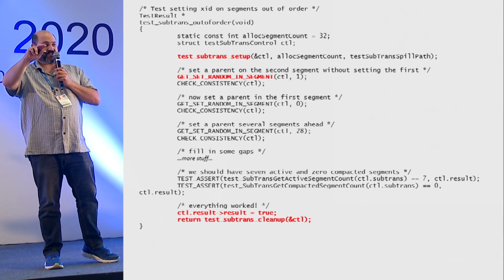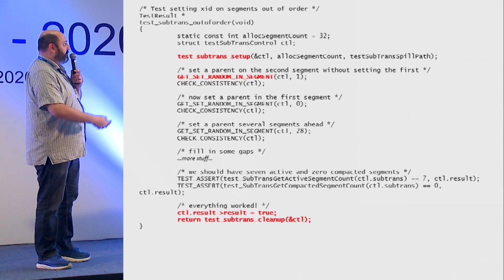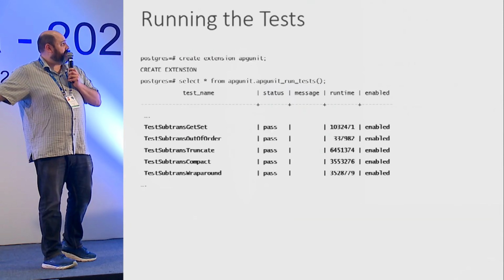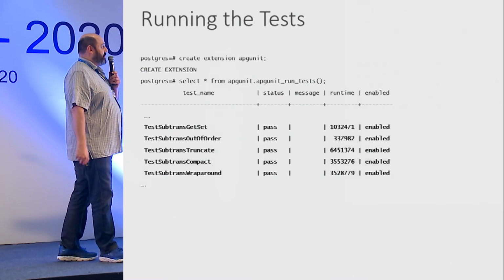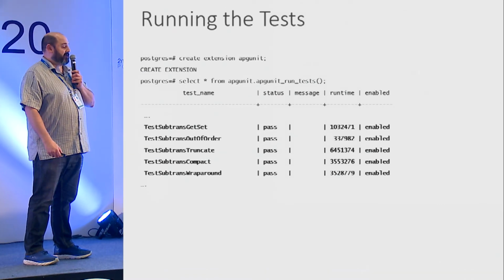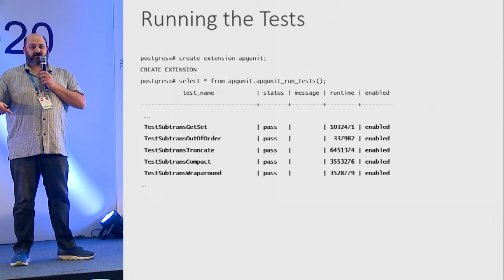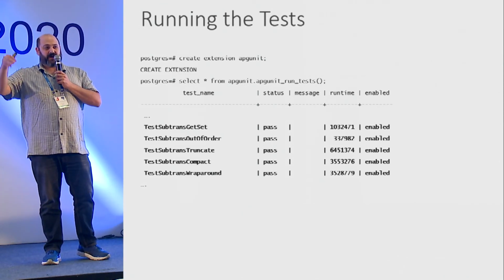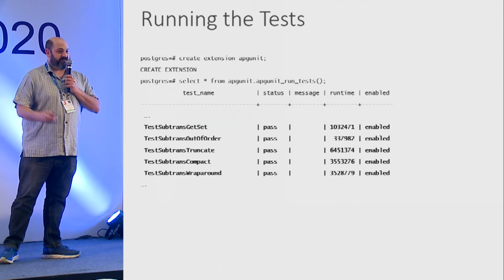So we could do tests specifically for wraparound. And then we wrap this in an extension that we called APG unit. And so we can just select unit test, and then it calls all these C functions, which go in and stand up Subtrans subsystems, exercise different unit tests, give you the results, and that's it.